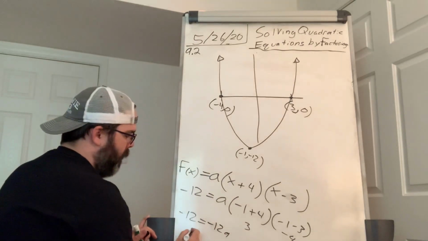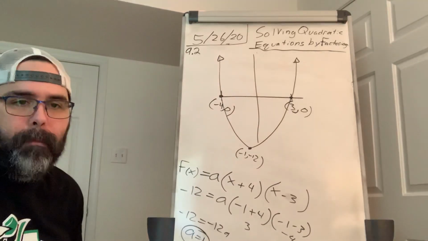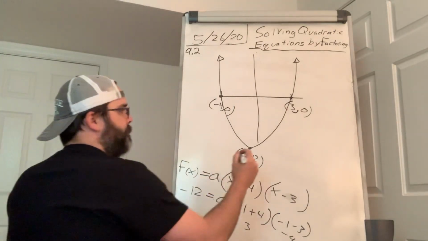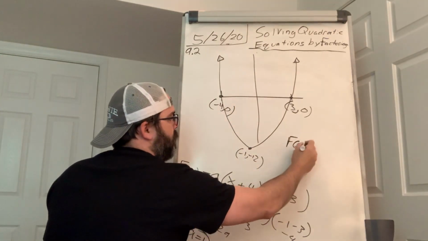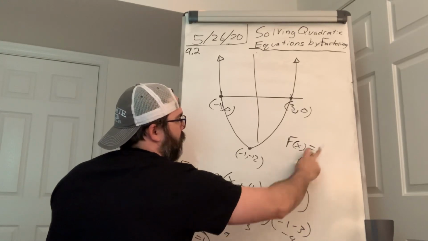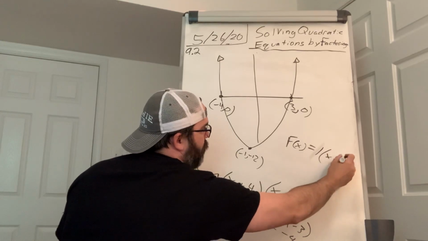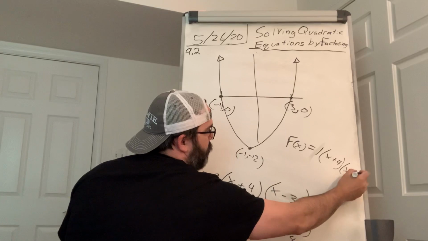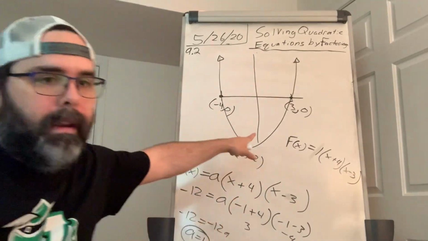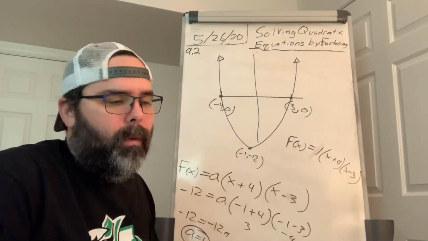So A ends up being 1, which is fine. It's not always going to be 1, but in this case it is 1. So if A is 1, our function is f of x equals 1 times x plus 4 times x minus 3. Okay, now you don't have to write that 1 in here. It's not needed, but I'm putting it there just so you know it's 1, okay?